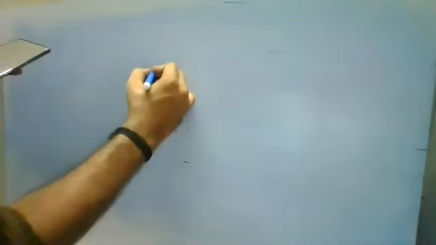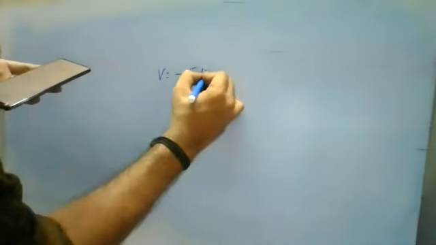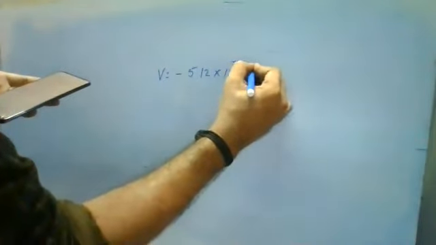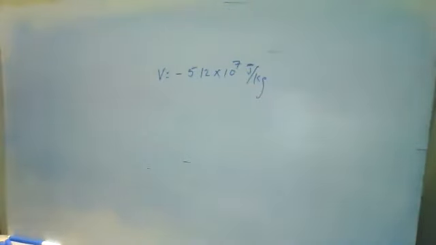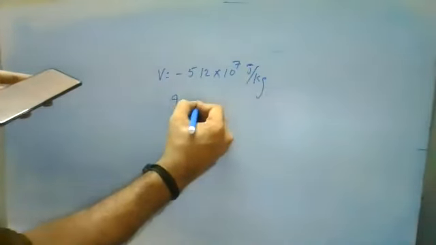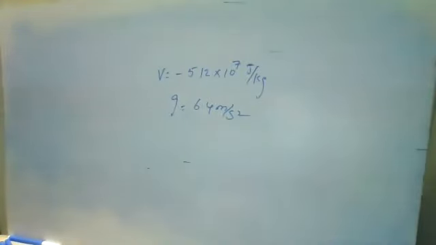At a point above the surface of the earth, the gravitational potential V is minus 5.12 into 10 power 7 joule per kg, and the acceleration due to gravity, small g, is 6.4 meter per second square.